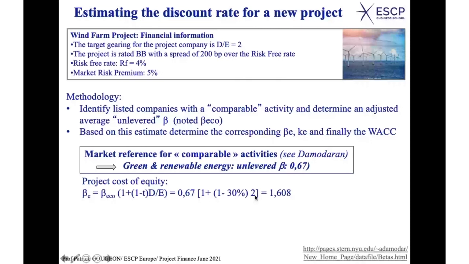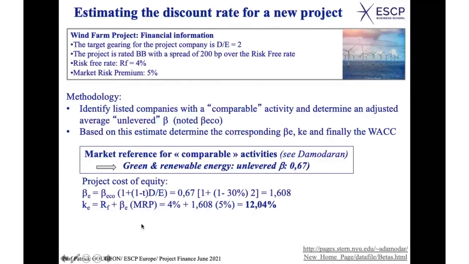So you see, based on the comparable provided by Damodaran, we have the beta with zero debt, then we have the impact of the financial leverage, and we have the levered beta, or the equity beta if you prefer, which is 1.608. So the cost of equity is easy to determine. It will be the risk-free rate plus equity beta times the market risk premium, in other words 4% plus 1.608 times 5%, so that you find 12.04% for the cost of equity.